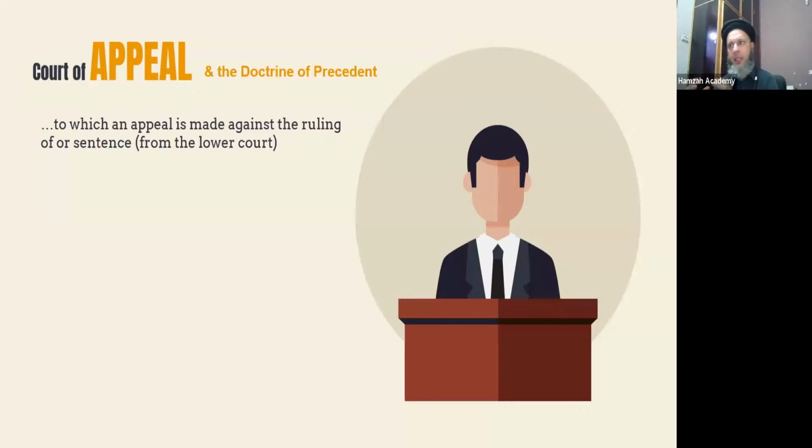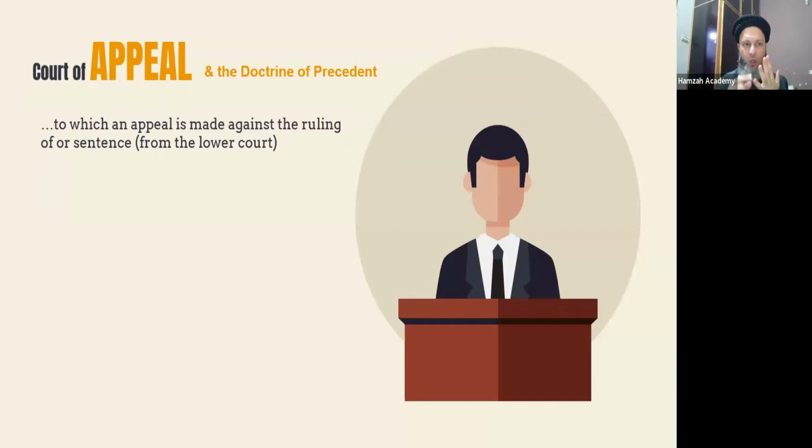If it is a criminal case, it will be guilty or not guilty between the prosecution and the defendant, and the prosecution is the state. Now, if either of the parties in either setting is not happy with the decision of the court, they can appeal to the higher court.